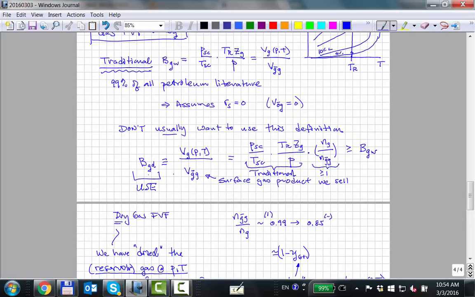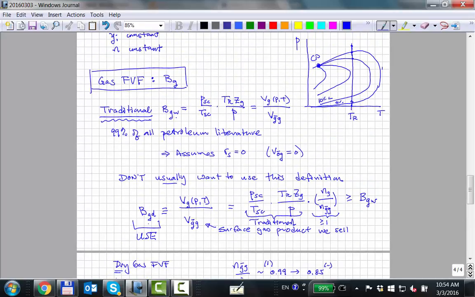Why do we call it up here W? W stands for wet in this case. All right?